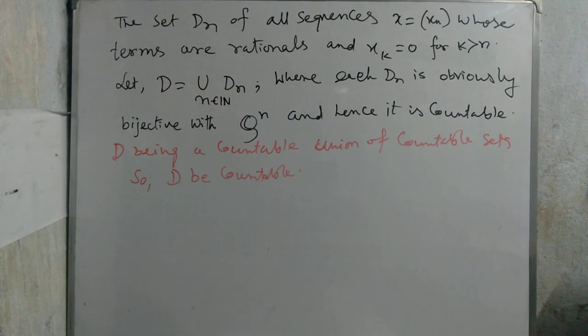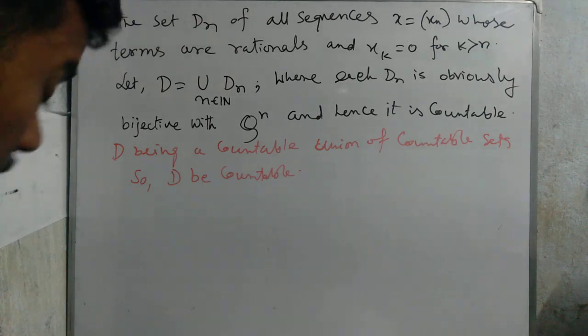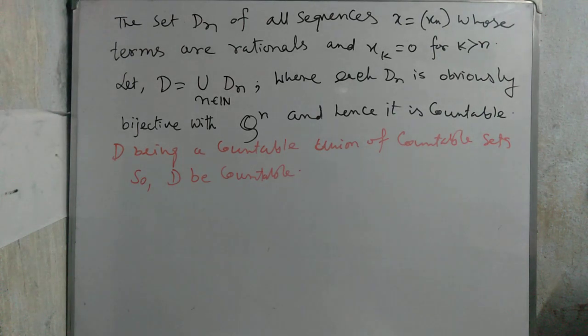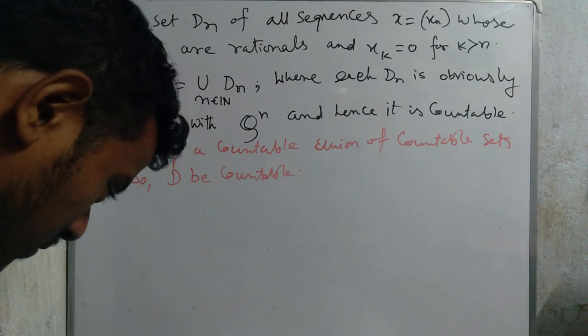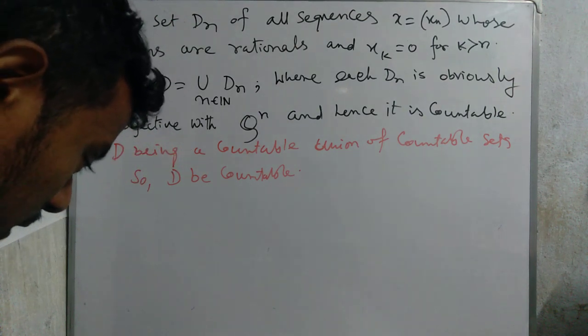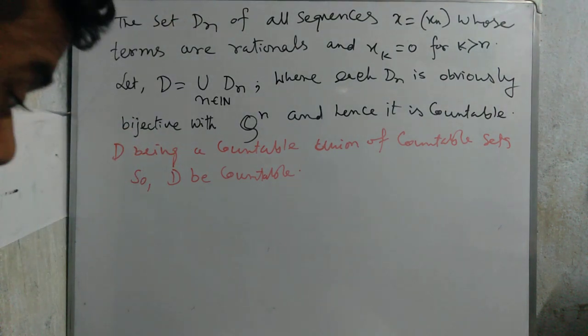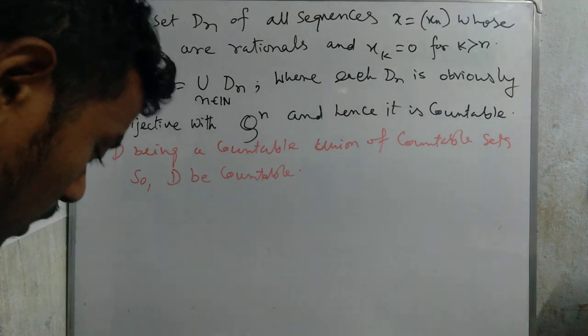Not a problem at all. Now we think about all sequences whose terms are rational and xk equal to 0 for k greater than n, and all other terms are rational. Then what happens?